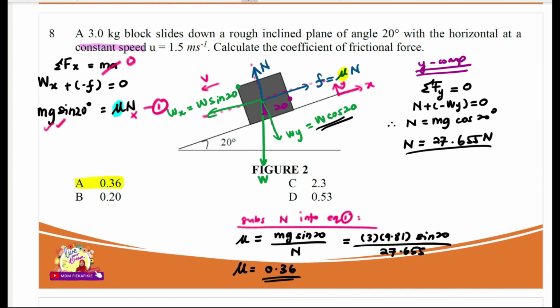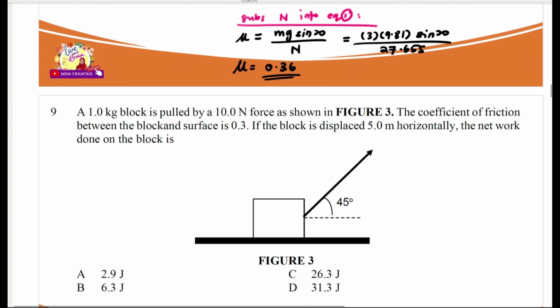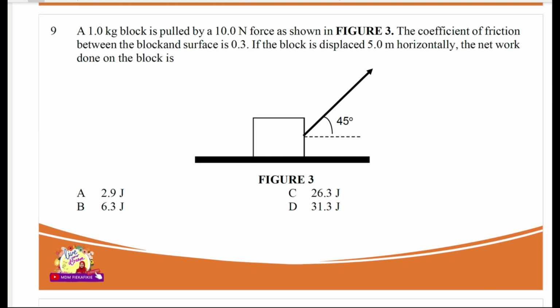Okay? Alright. Next question number 9. Okay? So, here we have 1 kg block is pulled by 10 Newton force. So, kita labelkan dekat sini. Kita ada F. Okay, saya suka letak F1. So, means that we're going to have 1 external force here, 10 Newton. Okay? The coefficient of friction between the block and the surface is 0.3.